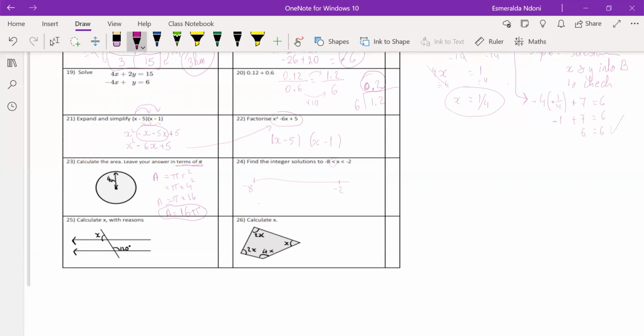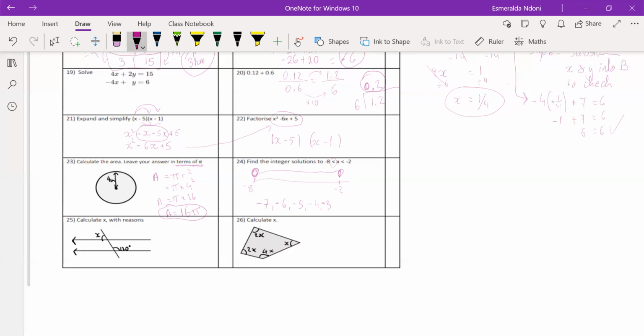The answer is no. So I start with -7, -6, -5, -4, -3. So all the numbers that are in here, excluding the -8 and excluding the -2, because they are not part of this inequality. They are not included, and the equal sign tells us that, because that's missing.